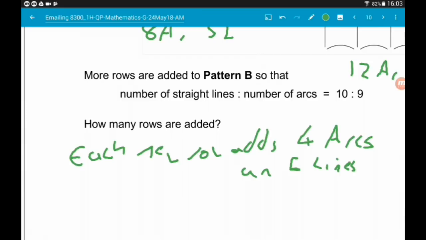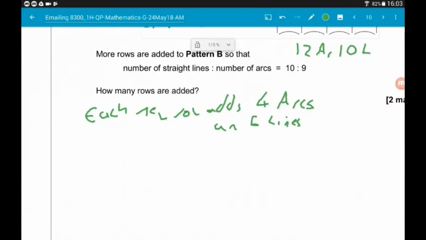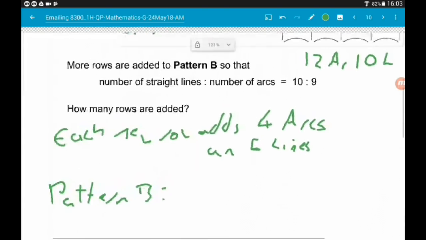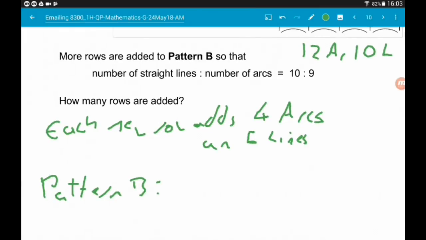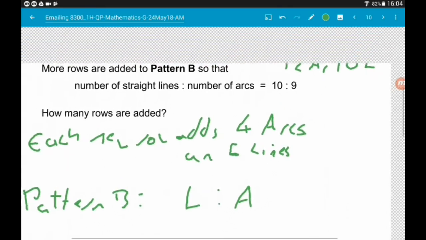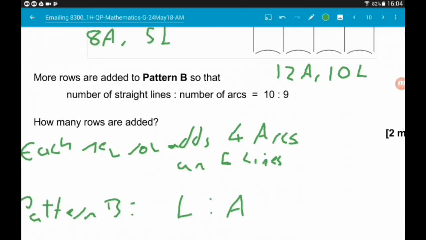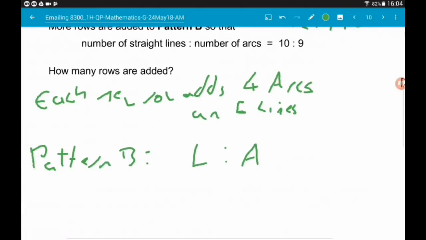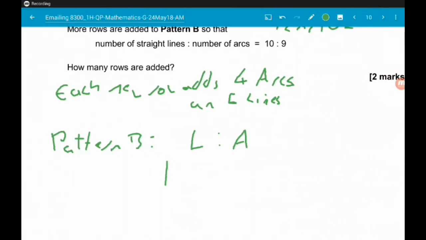So in pattern B, at the moment, the ratio of lines to arcs is 10 to 12. Okay, so lines to arcs is 10 to 12.